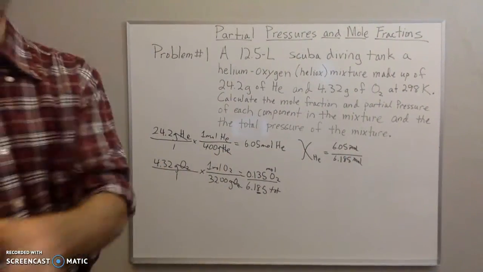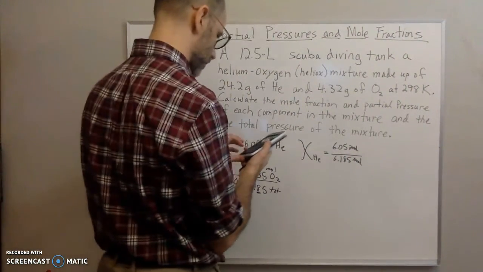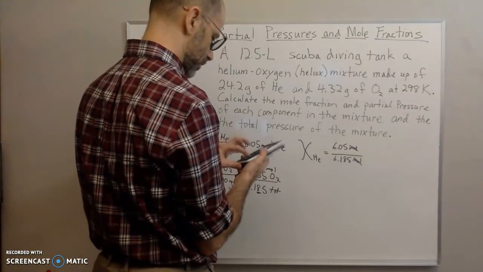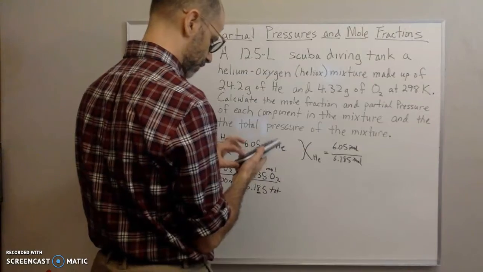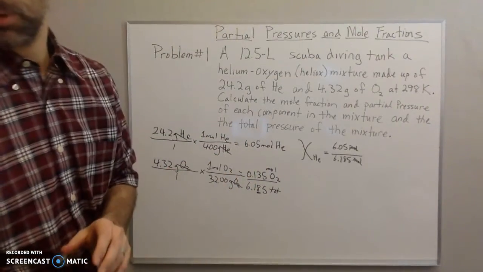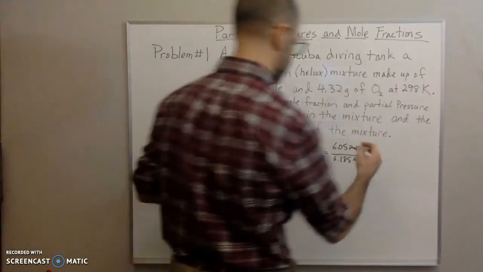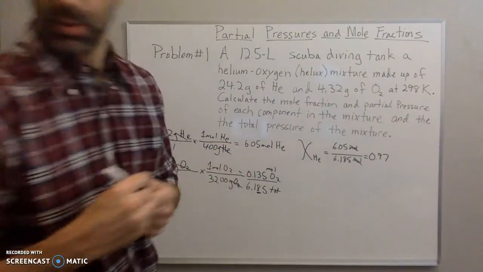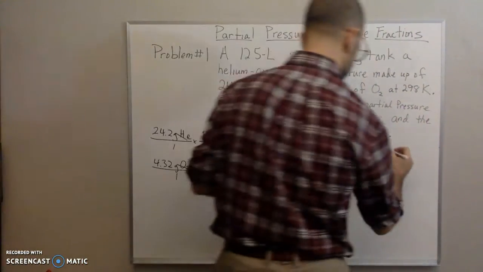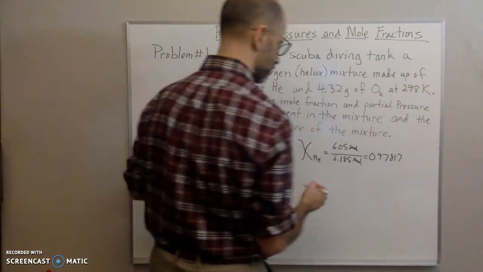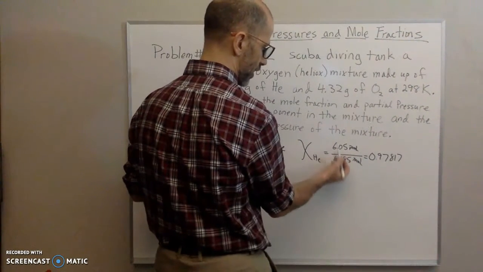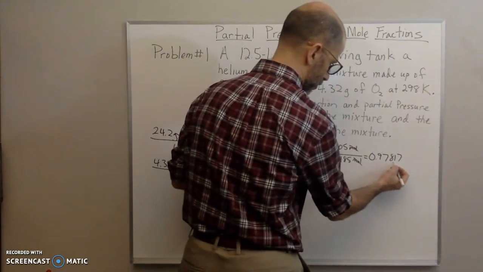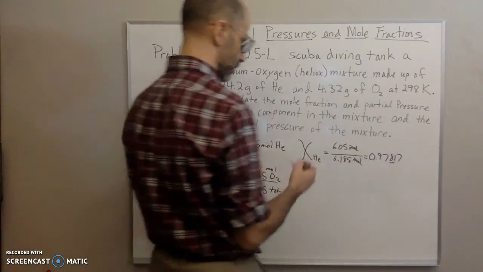And if you calculate that, 6.05 divided by 6.185 equals 0.97817. Again, because I'm dividing, I'm only allowed the least number of sig figs, so I have 3 and 4, so the least number is 3, so the 8 is my last sig fig.